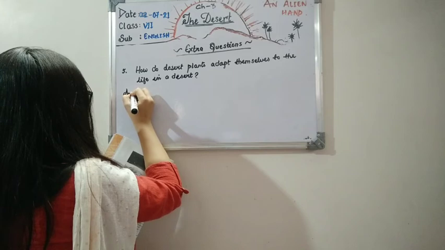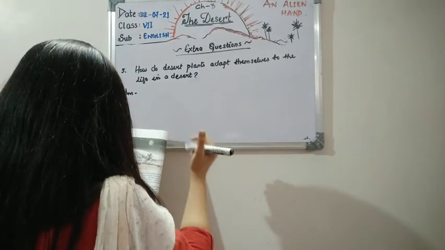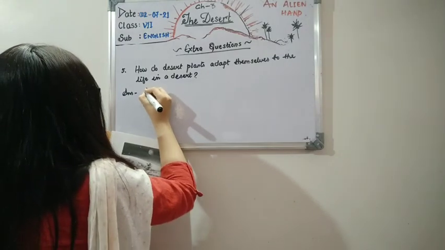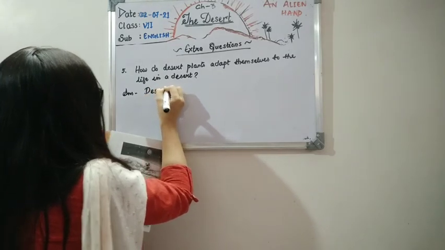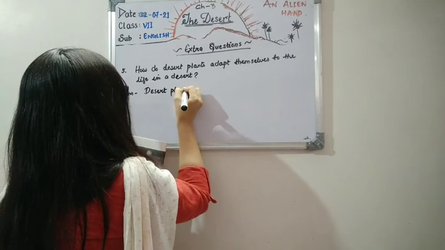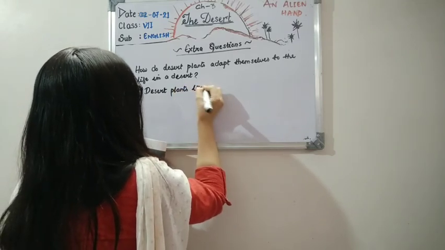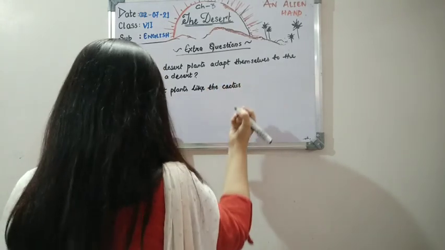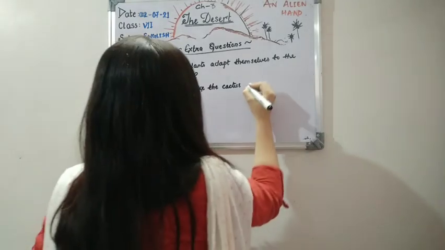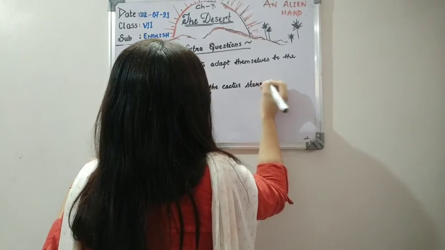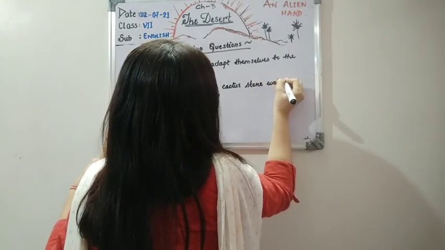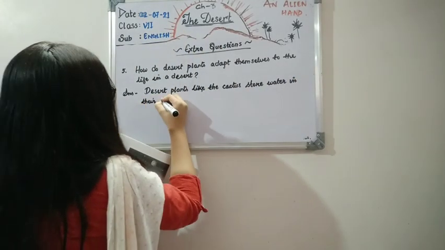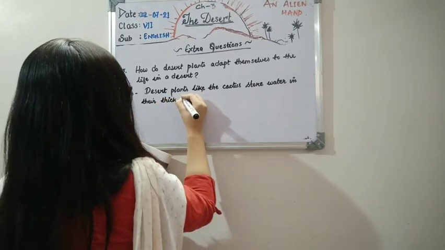So the answer would be: desert plants like the cactus store water in their thick stems.